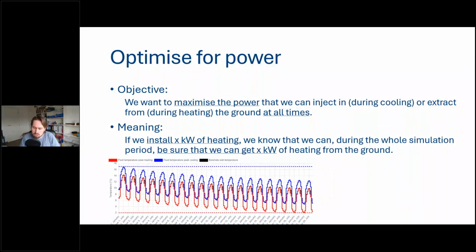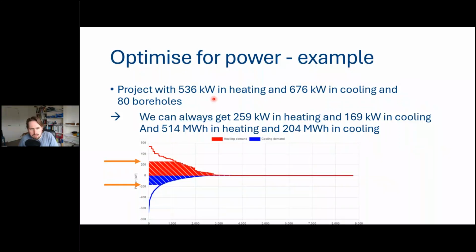So you want to install a certain amount of power of which we know that we can use it throughout the whole simulation period. If we take a look at an example, the same building as before, it was 536 kilowatts in heating, 676 in cooling, but we can only drill 80 boreholes.